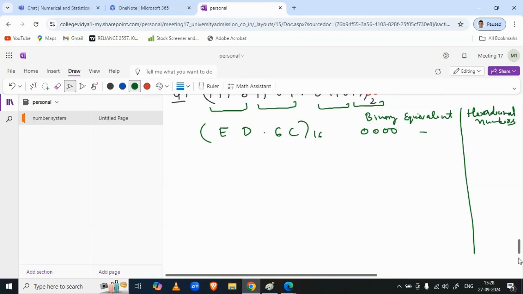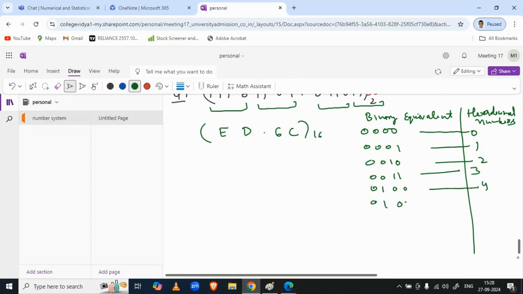So 0000 means 0, 0001 is 1, 0010 is 2, 0011 is 3, 0100 is 4, 0101 is 5, 0110 is 6, 0111 is 7, 1000 is 8, 1001 is 9.